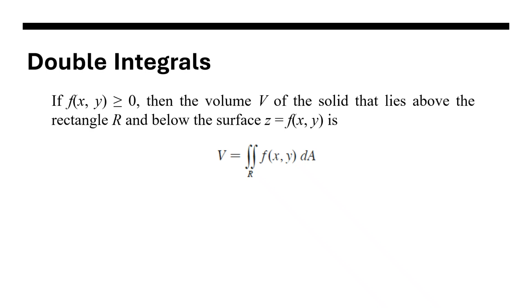This would be the simplified form of the double integral. So if f of xy is greater than or equal to 0, then the volume V of the solid that lies above the rectangle R and below the surface z equals f of xy is equal to the double integral of f of xy dA.